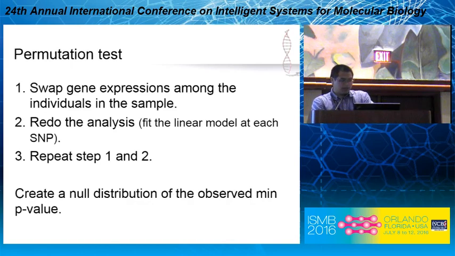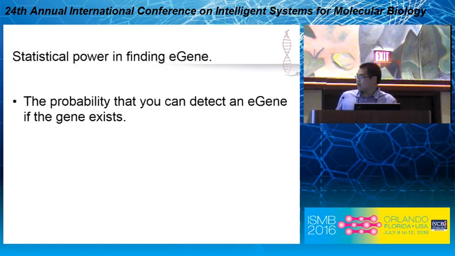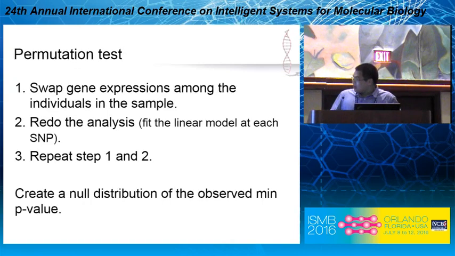So what is this permutation test? It is a very straightforward procedure. What you do is swap the gene expression among the individuals in the samples. Then you redo the analysis so that you get a different minimum p-value. And you repeat steps 1 and 2 many times. By doing so, you create a null distribution of the observed minimum p-values.